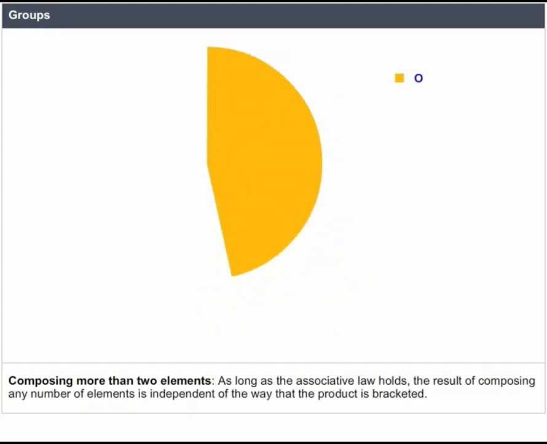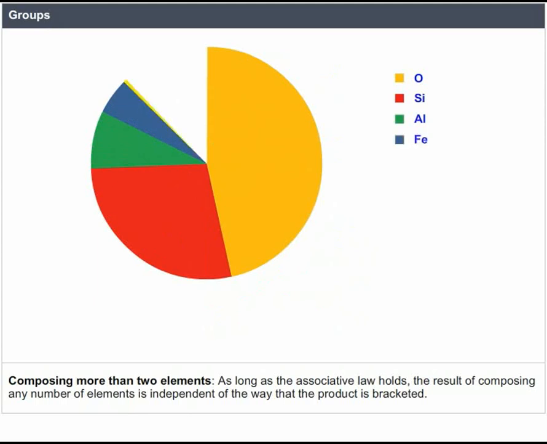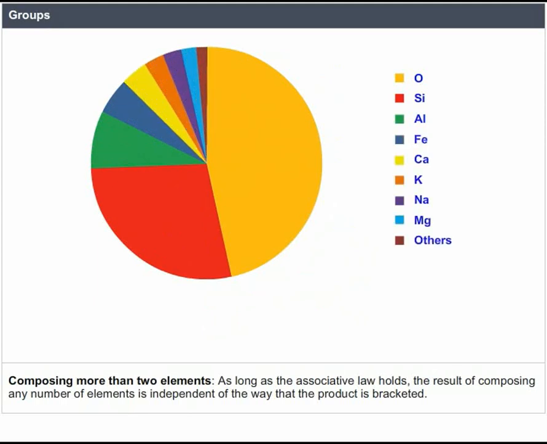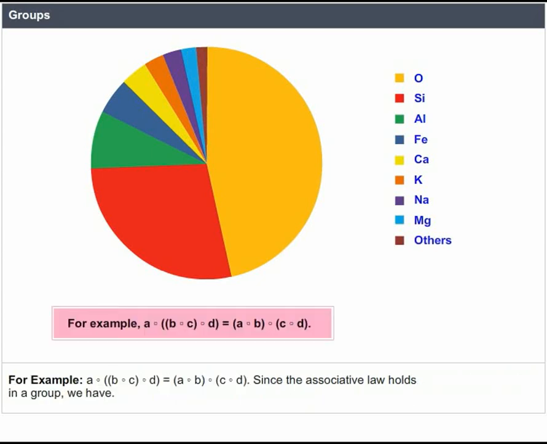Groups. Composing more than two elements. As long as the associative law holds, the result of composing any number of elements is independent of the way that the product is bracketed. For example, (A∘B)∘(C∘D) = A∘(B∘C)∘D, since the associative law holds in a group.